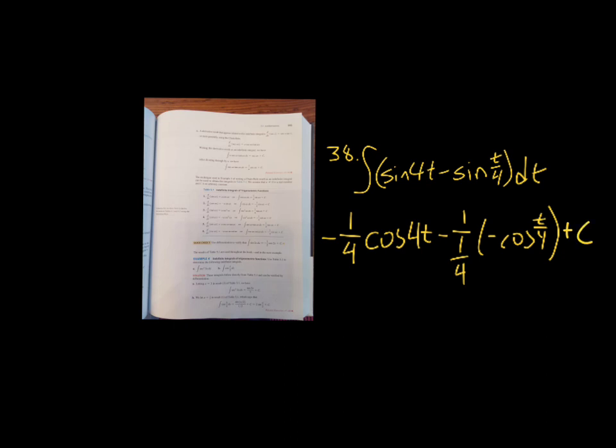To simplify this a little bit, the antiderivative of this function is going to be negative 1/4 cosine of 4t plus 4 cosine of t over 4.